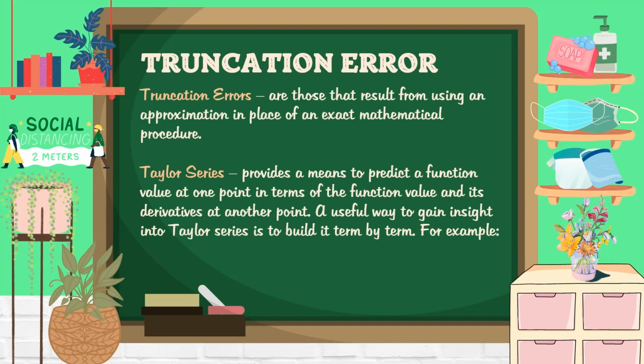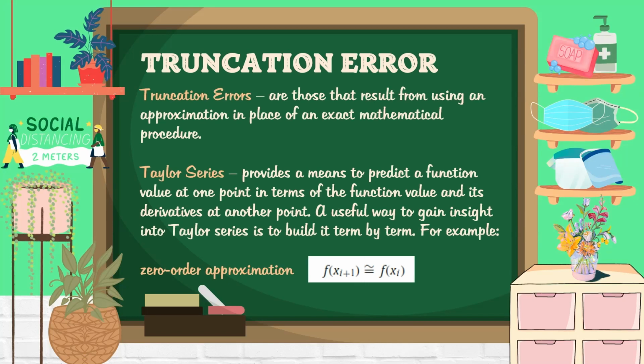A useful way to gain insight into Taylor series is to build it term by term. For example, the first term in the series is f(x_{i+1}) is approximately equal to f(x_i). This relationship, called zero-order approximation, indicates that the value of the function at the new point is the same as its value at the old point.